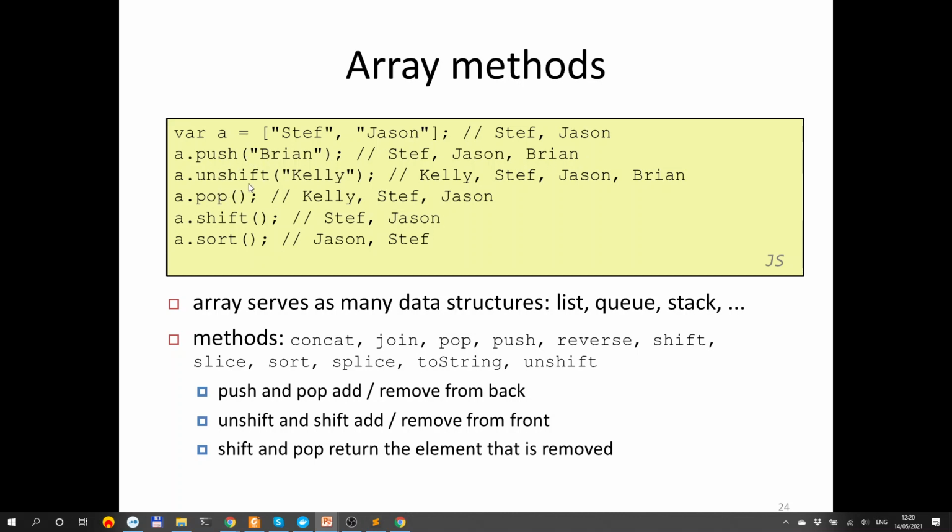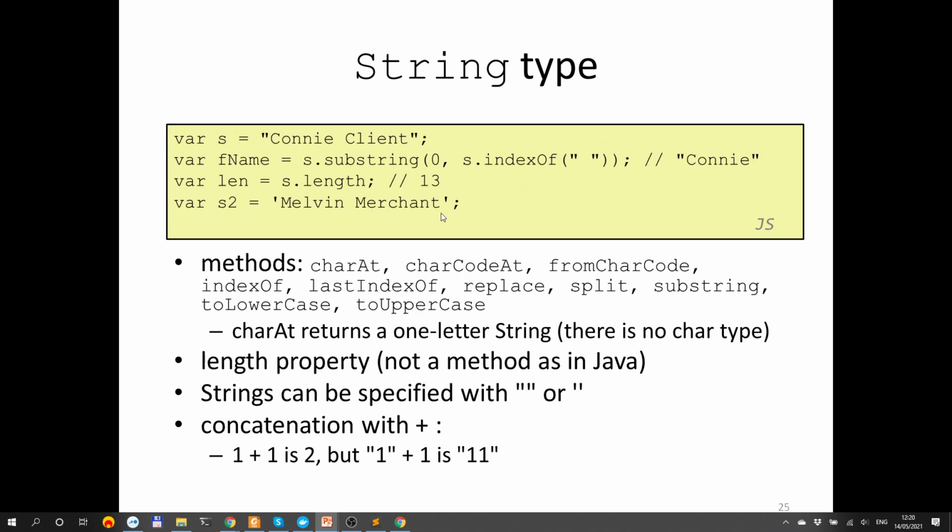Unshift will put it as the first element. Pop will take the element from the end of the list, and shift will take it from the beginning of the list. So you can use these methods to do those things.